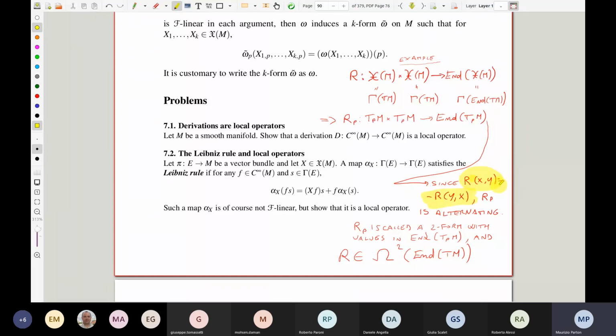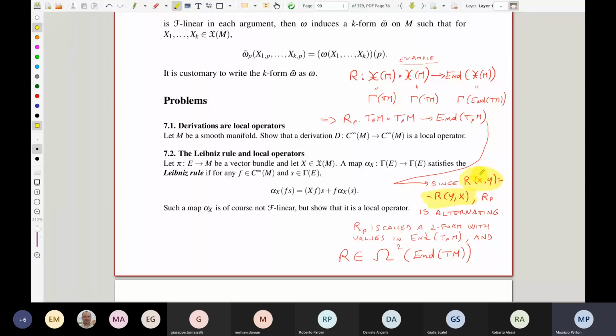And if you remember, this is the property that says when a multilinear map is a form. A multilinear map, when alternating, becomes a two-form in this case, because it is a bilinear map which is alternating. So this is a two-form.